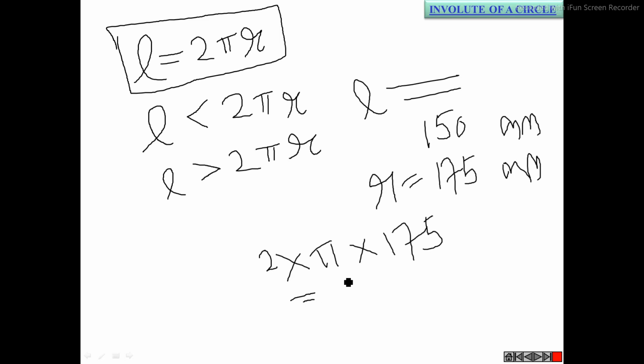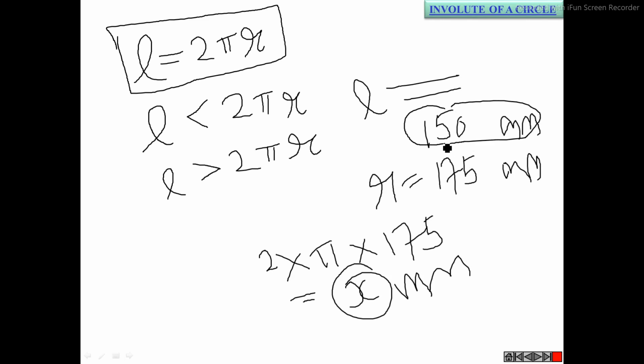Say suppose the value after multiplying is x. If this x mm is greater than the length of the thread, that means which portion they are asking from you? They are asking this portion. That means circumferential length is greater than the length of the thread.